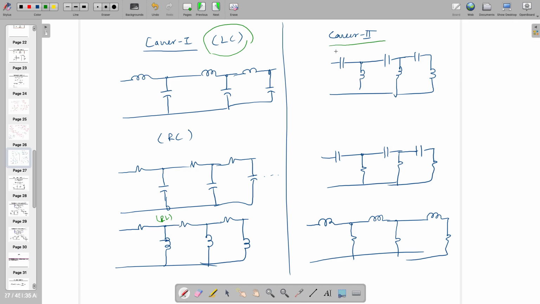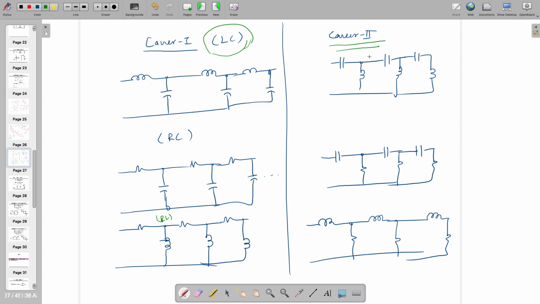But in the case of coil 2, the entries will be swapped, like capacitor, inductor, capacitor, resistor, and inductor, resistor. They are only and only coil 1 and coil 2 depending on their systematic entries. If you are saying something else, RLC, it's not coil 1, coil 2, or Foster 1, Foster 2. It does not have any name. That is what I'm trying to tell you.